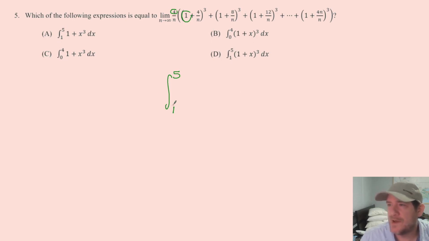But we know that we sometimes might slide this 1 to the left and use the 0 to 4 instead. And I do see the other options of 0 to 4. This one, that would be what, a shift left. So maybe it's B. It could be B. Let's keep investigating and see what our function's doing.